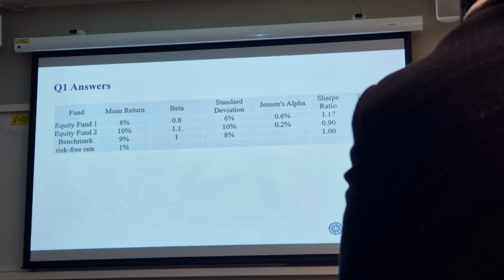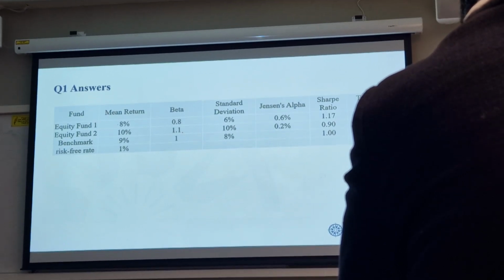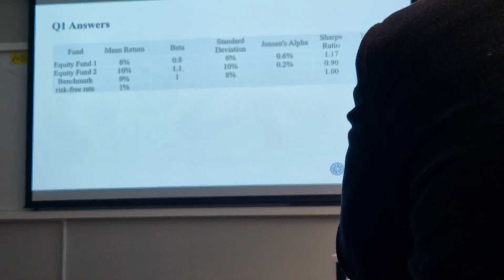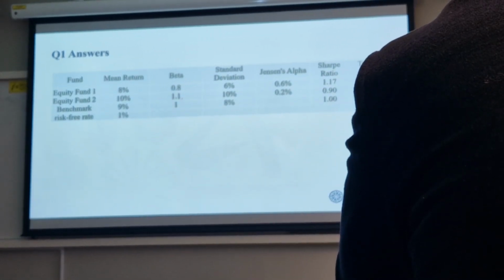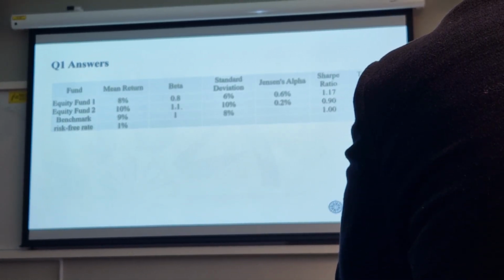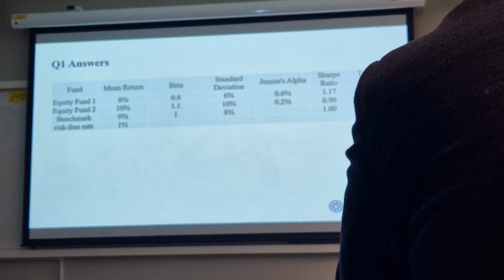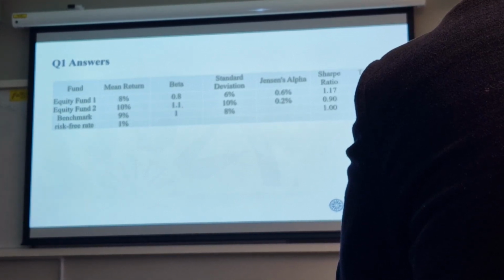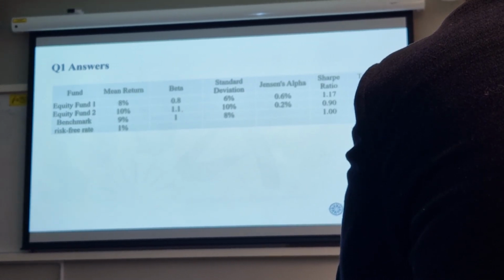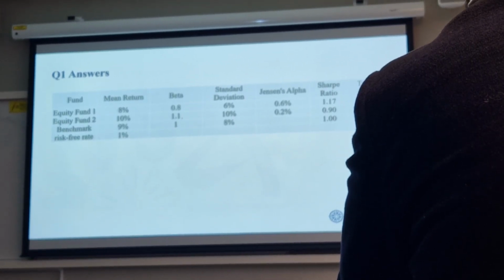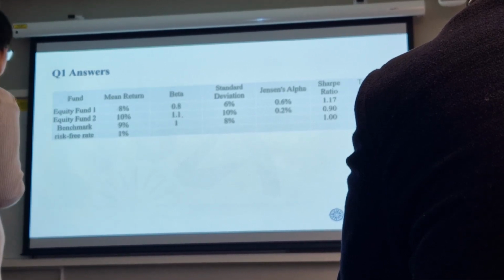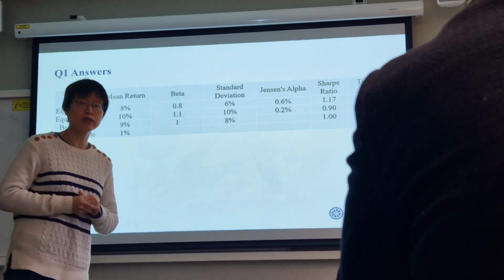It means that it is not well diversified, because the Sharpe ratio is not that good compared to the other funds. The difference is that the Sharpe ratio also includes the unsystematic risk, right? So it means that it's not well diversified. Yes, exactly. So we need to check both the Sharpe ratio and the Treynor ratio.